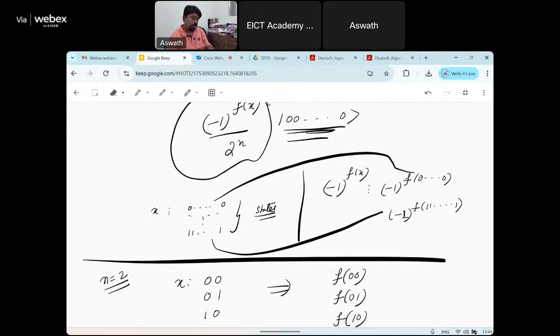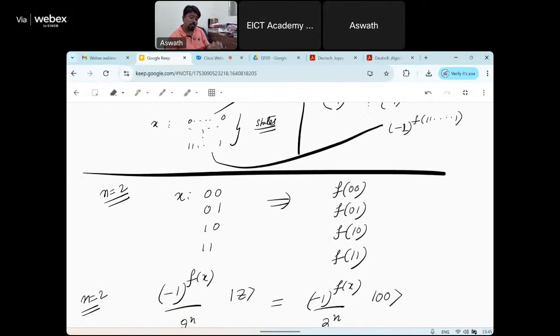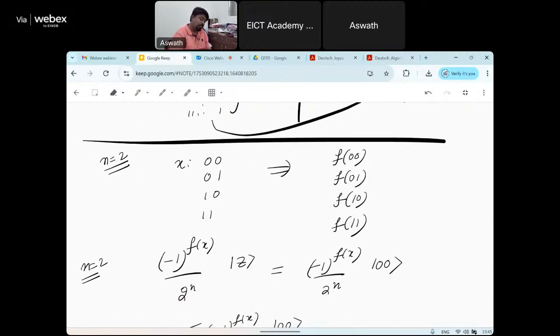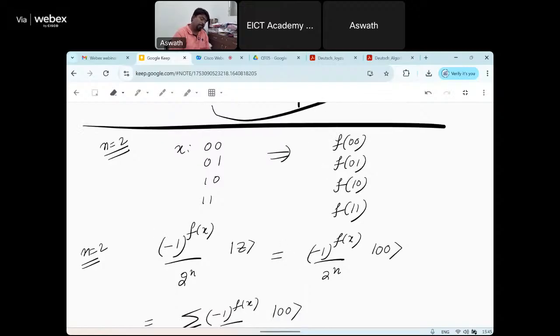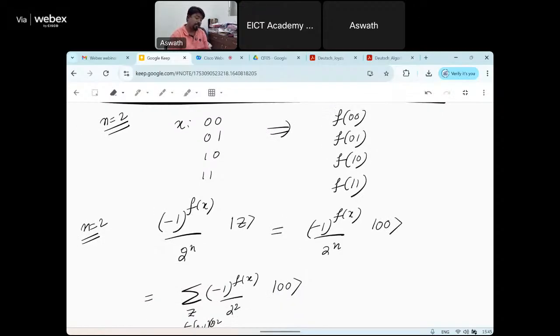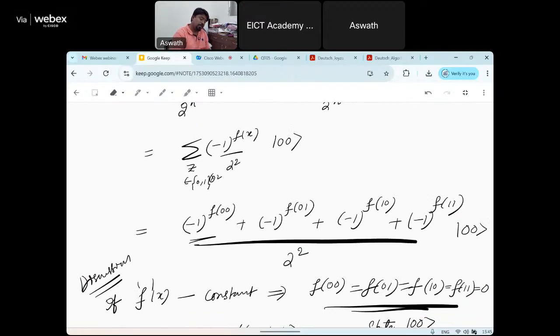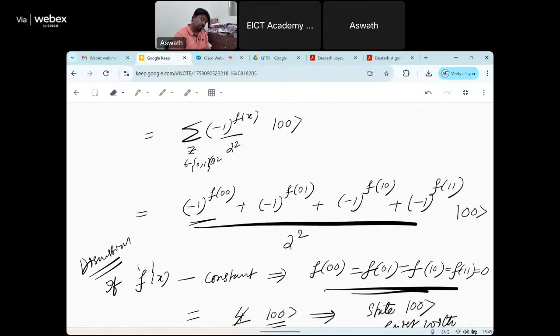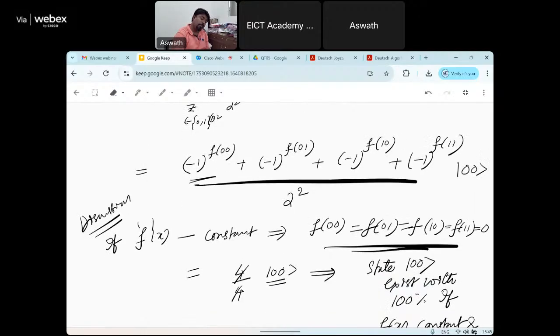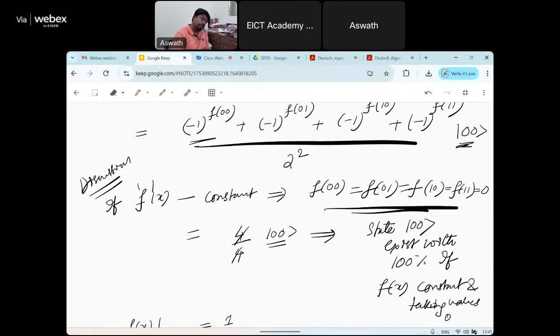Let's say for the two query register case, x would take 00, 01, 10, 11. Let's say the function is constant. In that case, all the f of zeros or f of ones are equal. So the probability amplitude for 00 is 100%.